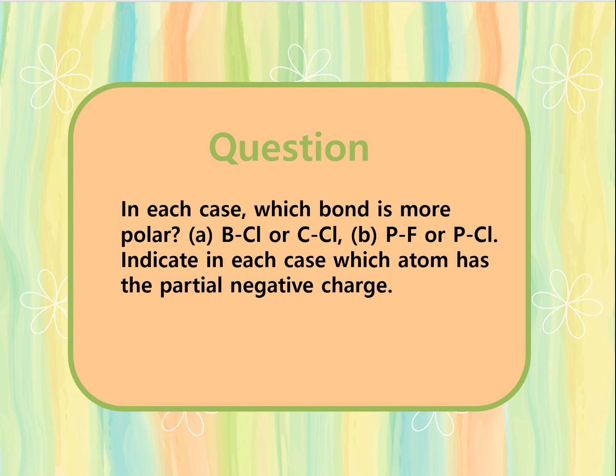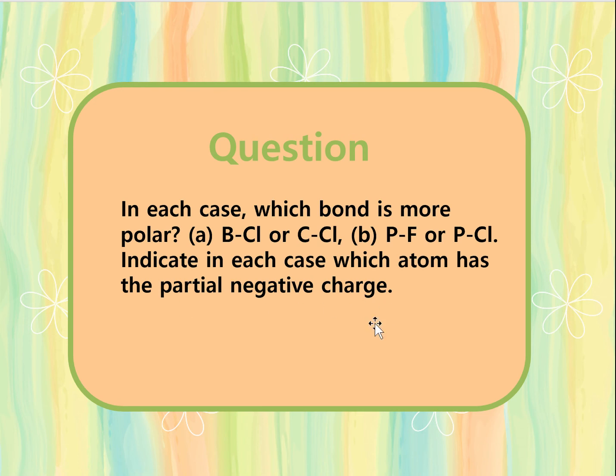So that leads us now to our first question, which is, in each case, which bond is more polar? We're comparing boron chlorine or carbon chlorine for A, and for B we're looking at phosphorus fluorine or phosphorus chlorine, indicating in each case which atom has the partial negative charge.